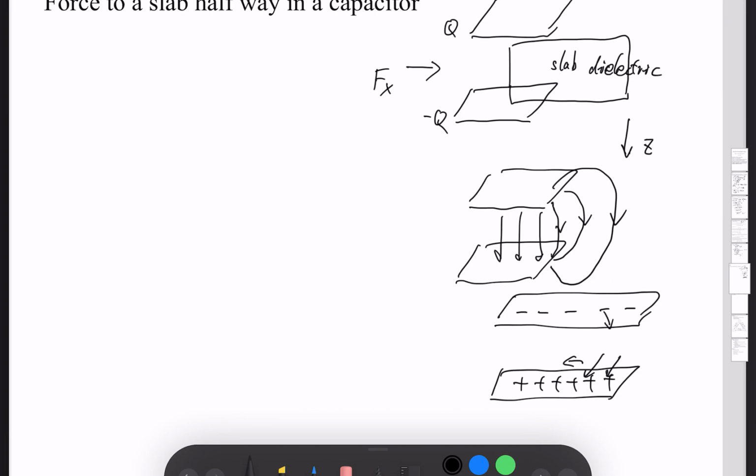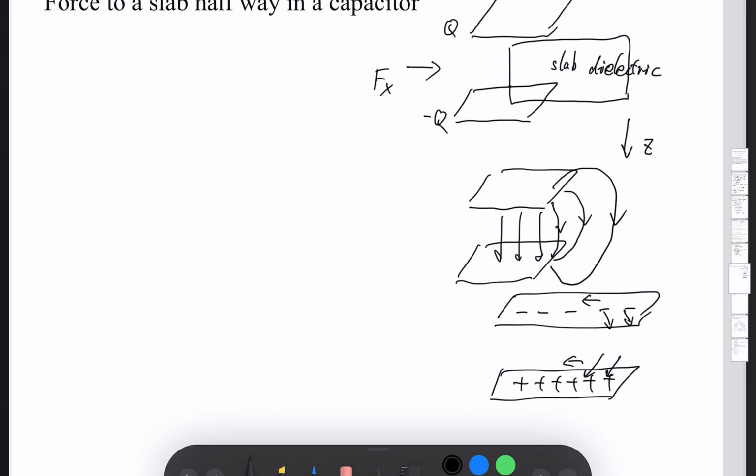Similarly, if you calculate the field and look at the negative charge on top, there should also be a force pushing the negative charge towards the left.